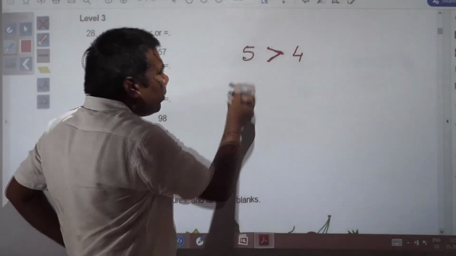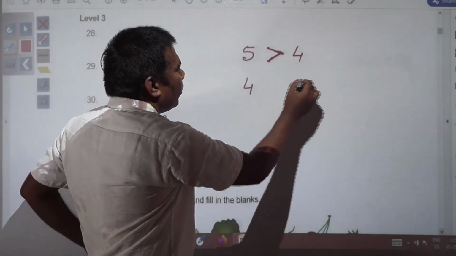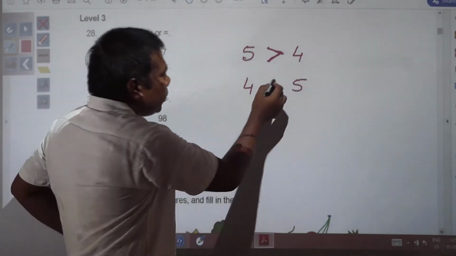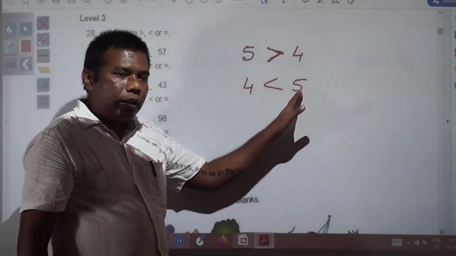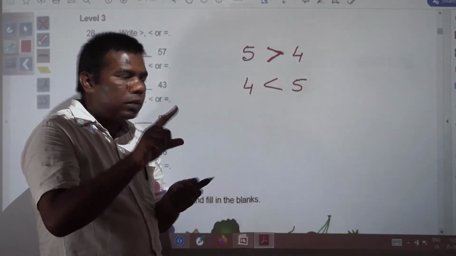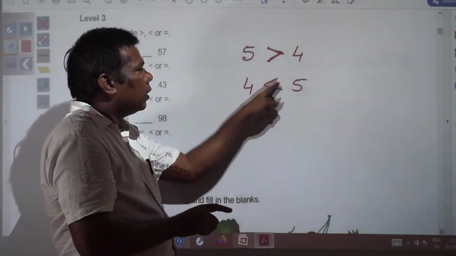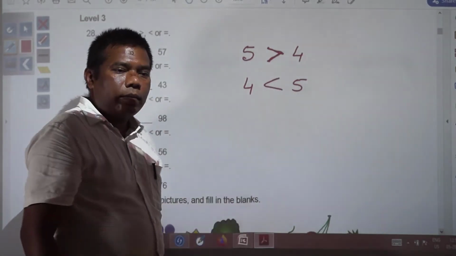When you write the same numbers this way, 4 and 5, then what will you write? Just the opposite. The number which is bigger, the symbol will face toward that side.